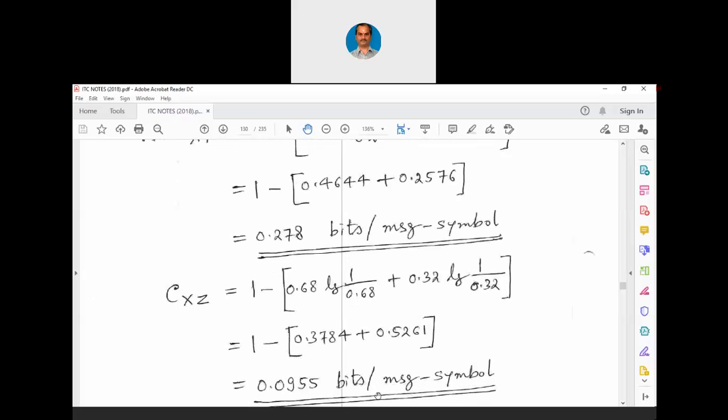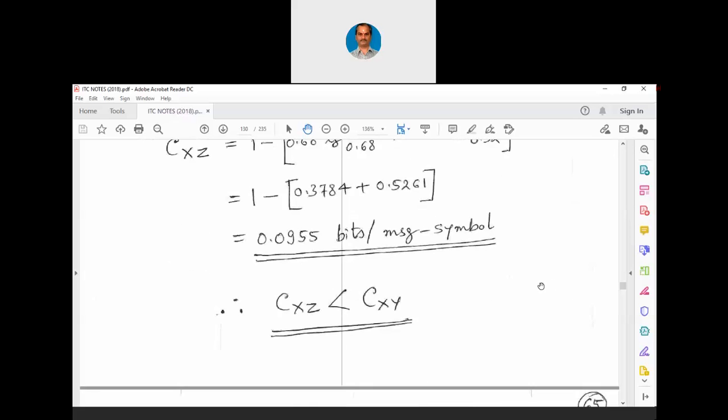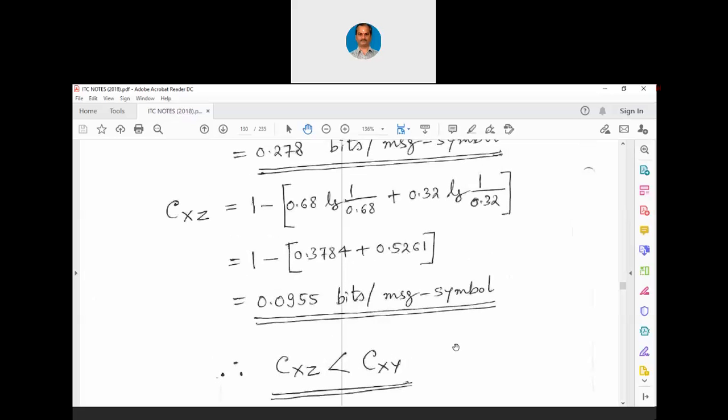You can see there is a drastic difference between these two. So naturally we know the capacity is going to be reduced, and error is going to be increased because of the cascading. So obviously C of xz is less than C of xy.